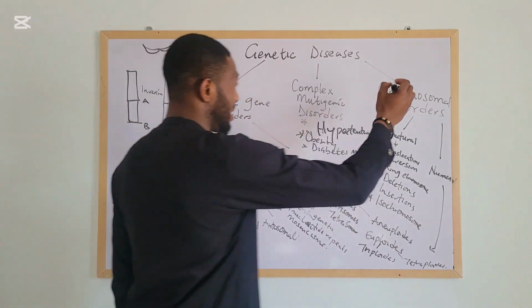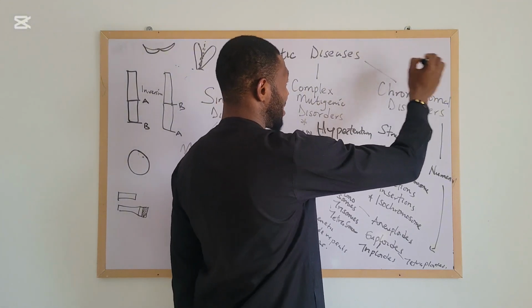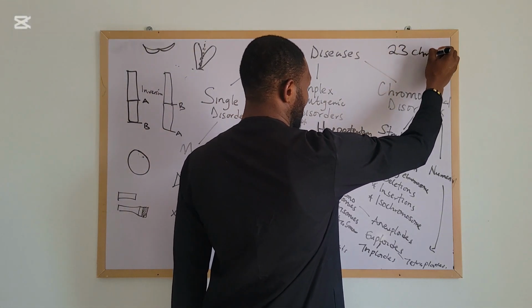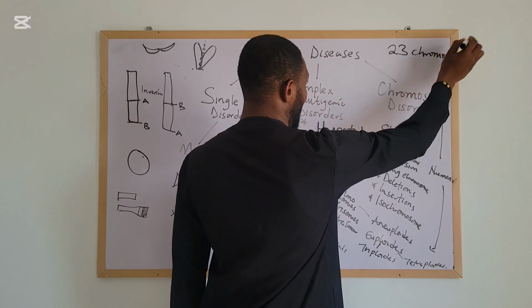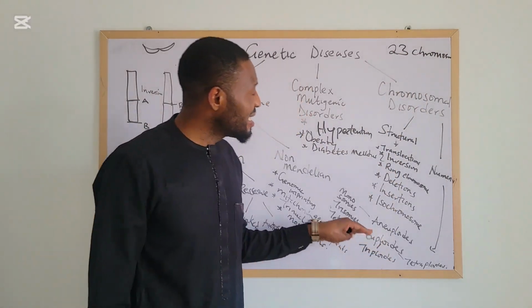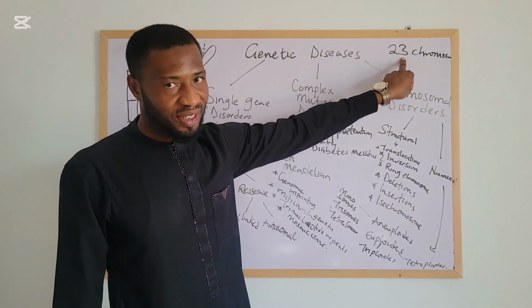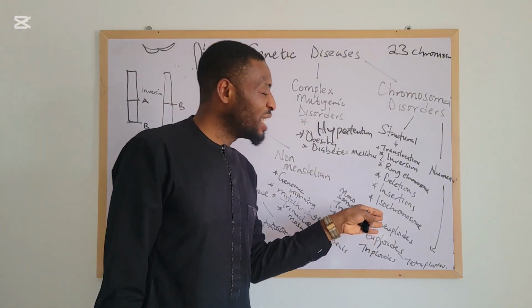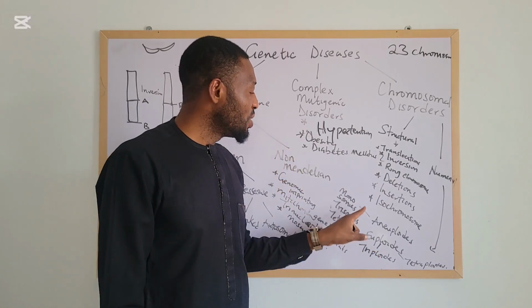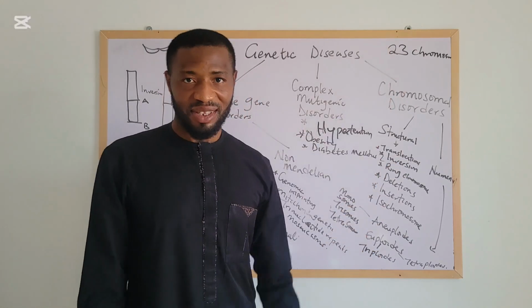Of course, remember that the human karyotype has 23 pairs of chromosomes. So if it is a euploidy, it means that it is in multiple of 23. If it is an aneuploidy, it means that the number of chromosomes is not in multiple of 23.